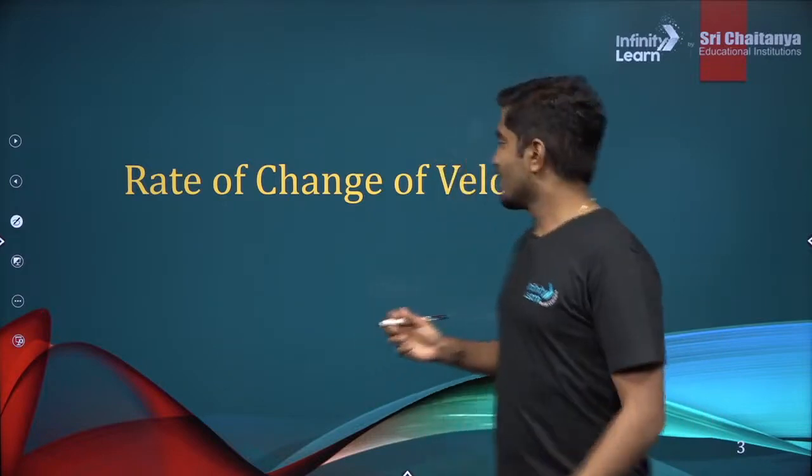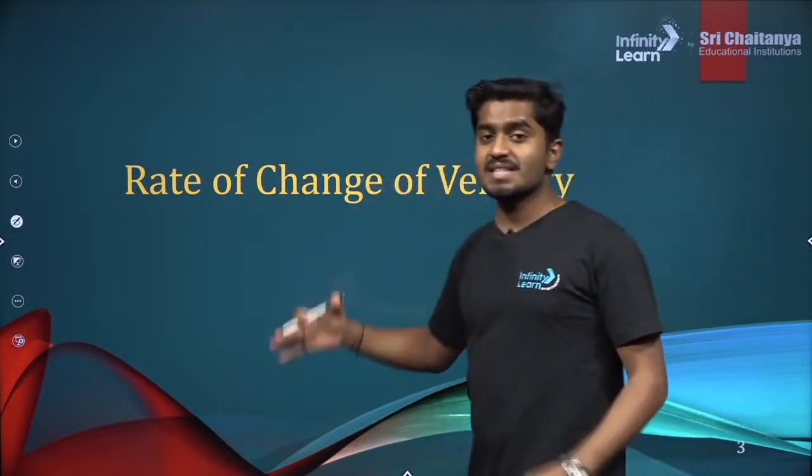Alright, so now in the last class we have learned what is velocity. Velocity is nothing but a speed in a certain direction. Velocity is a vector quantity.